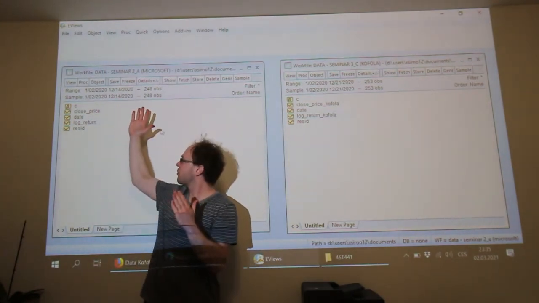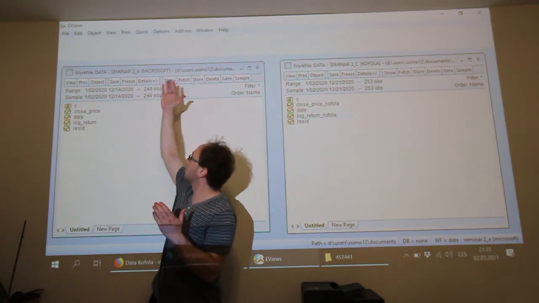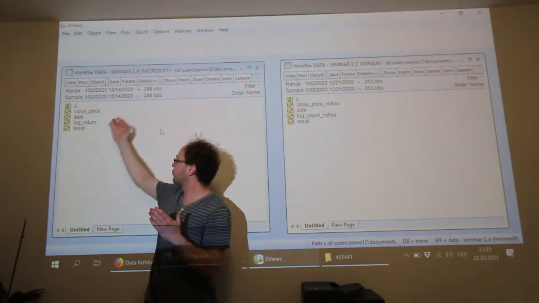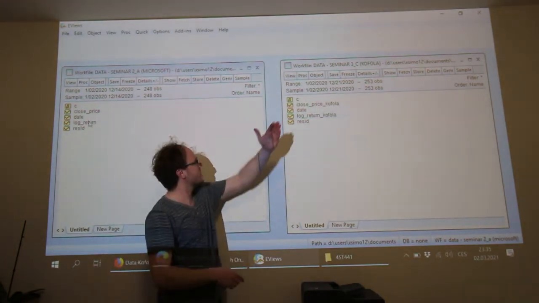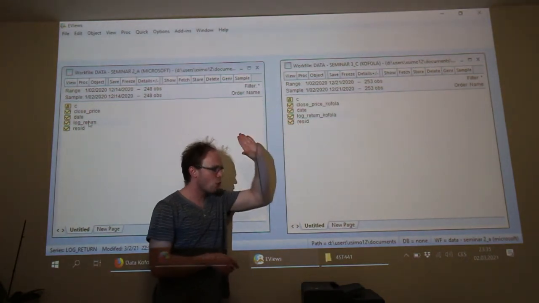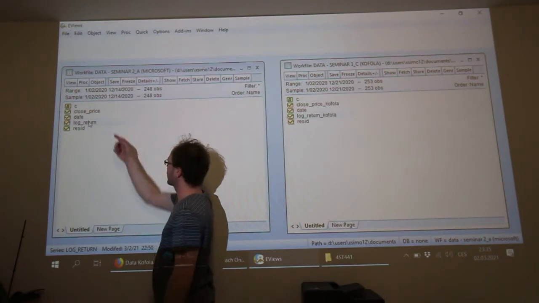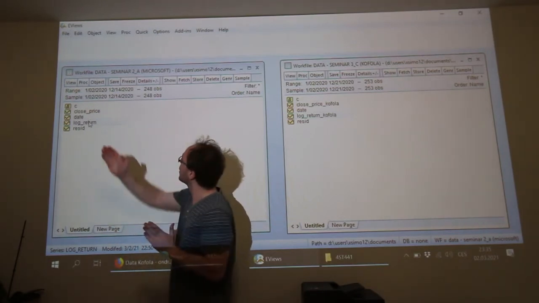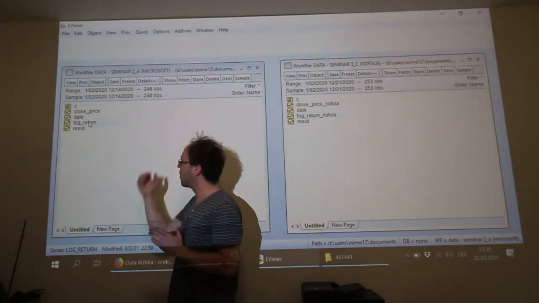The first work file is about the Microsoft company and Microsoft log returns, and the second one is Coca-Cola log returns, yes? So we will start with the first one, log returns of Microsoft company.